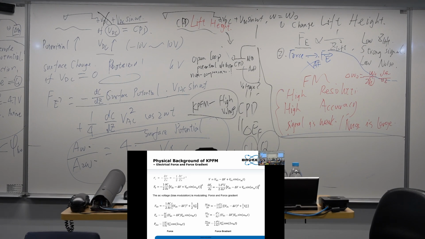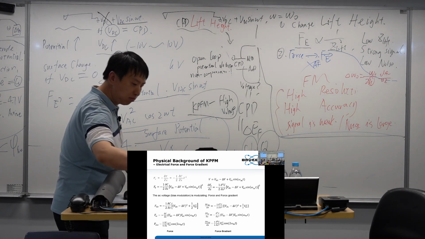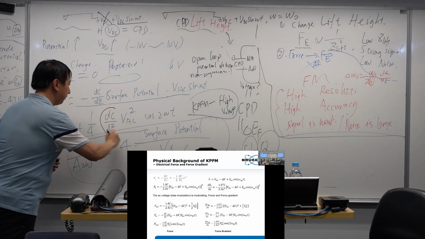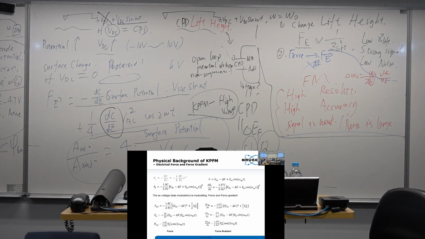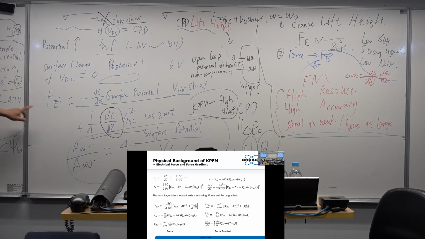But even if you are not using this one for surface potential detection, I still recommend you use it if you want to find dC over dz. If you want to study your material's dielectric properties, if you want to get the dielectric coefficient of your materials, and you don't want to use the EFM way, you can use this way.